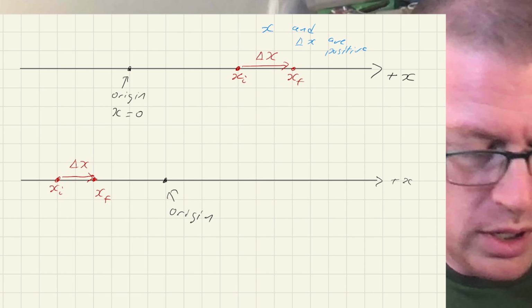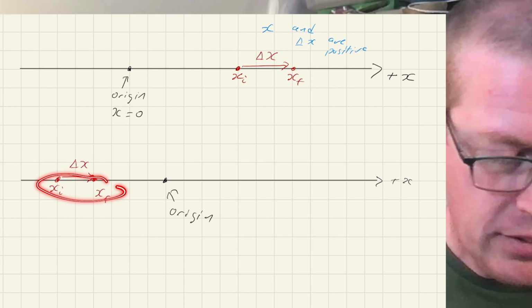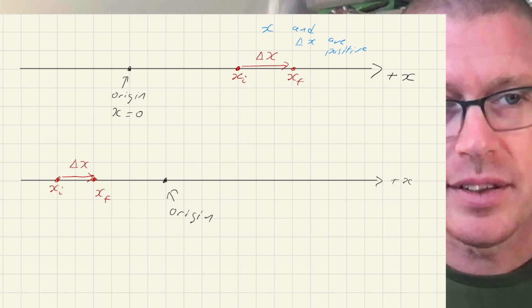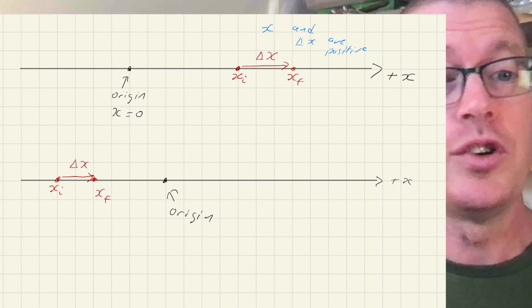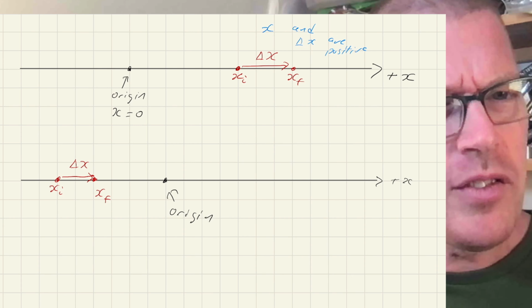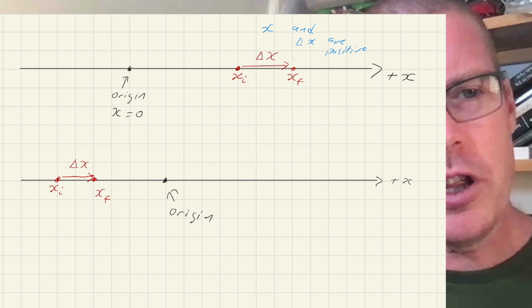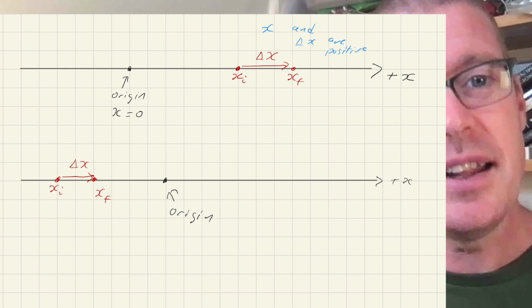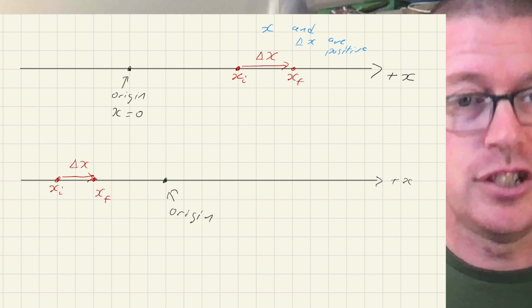So if you know the sign of xf and xi and the sign of delta x, you can tell whether you're moving towards the origin or away from it. It's pretty obvious, but we're going to be repeating the same argument with velocities and acceleration. And in that context, it will be a little less intuitive.